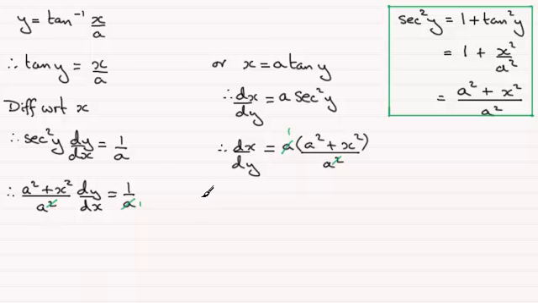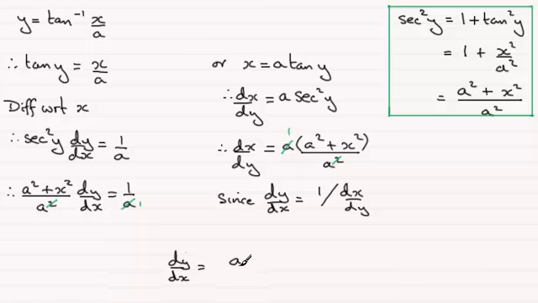Now we need dy by dx, and for this version I turn to the result that dy by dx is equal to 1 divided by dx by dy. As I say, you should be familiar with that result. So can you see from this result that if we reciprocate this, then dy by dx is going to equal a all over a squared plus x squared.